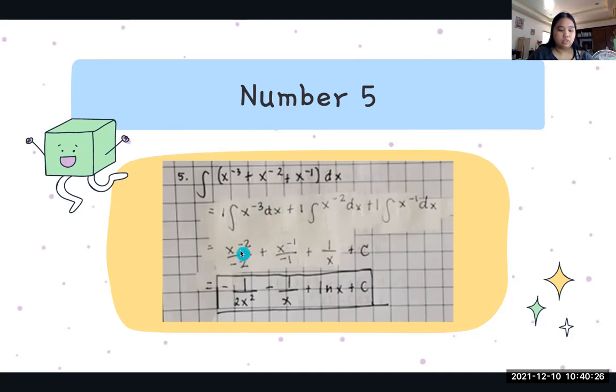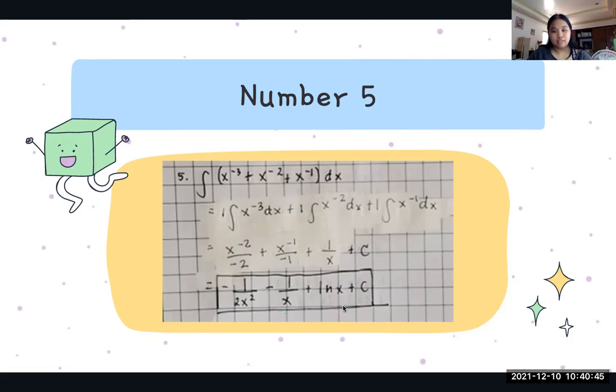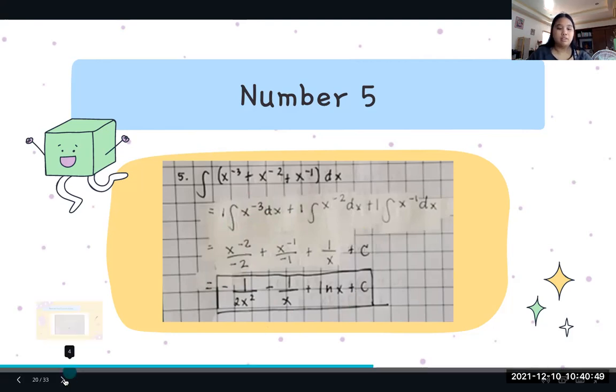And then we use theorem B to operate on the exponents. Again, negative 3 plus 1 is negative 2, and then use that as a denominator. So we will have negative 1 over 2x squared minus 1 over x plus ln x. Again, remember, the integral of 1 over x is ln x, plus c, which is the arbitrary constant.